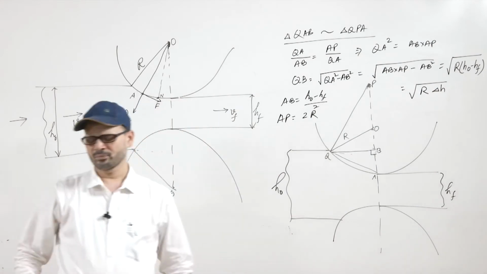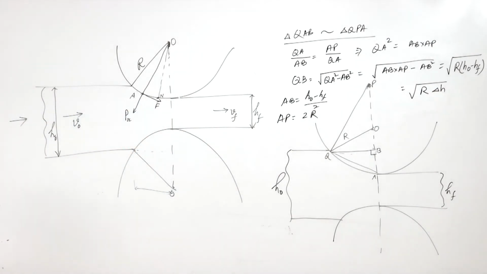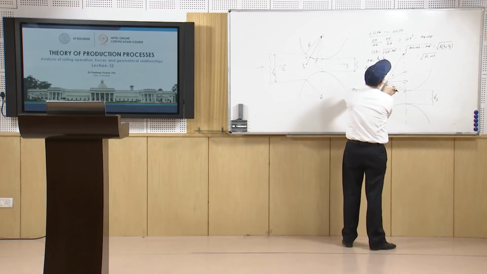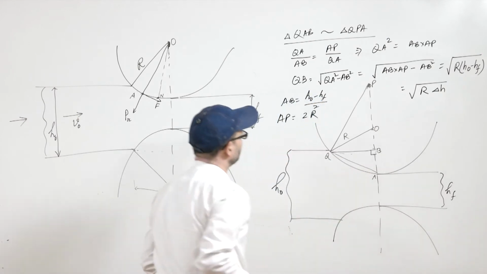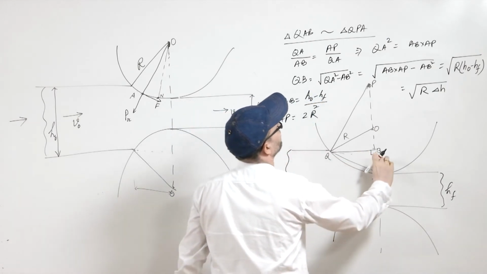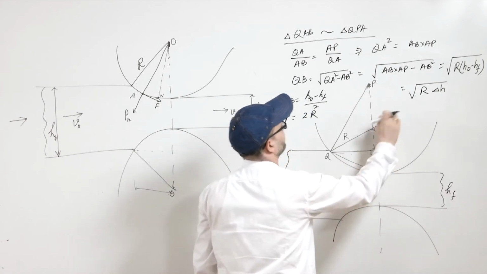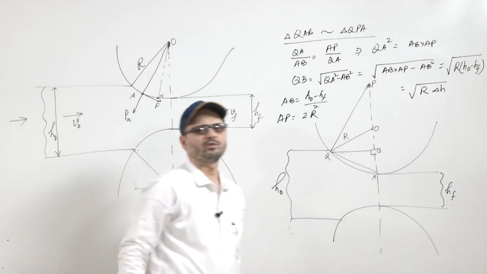So, this is how the contact area is found. If that is very small, in that case this can be taken as equal to this. So, in that case this will be your roll contact area.